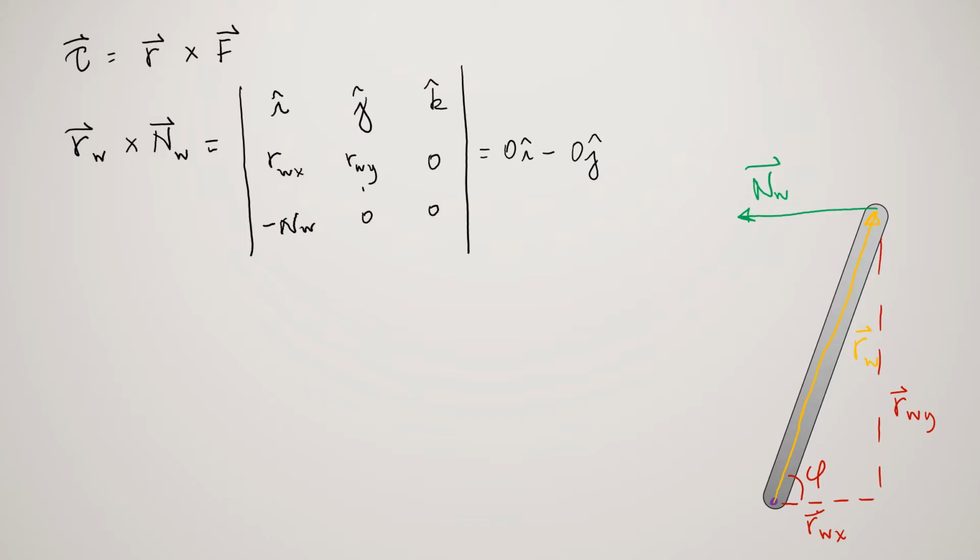But with the K hat, I get one term, and that is the negative X component times 0, and then minus normal to the wall, but that's a negative component, times the Y component, and that's all in the K hat direction.